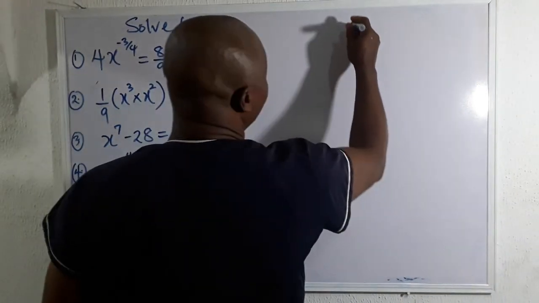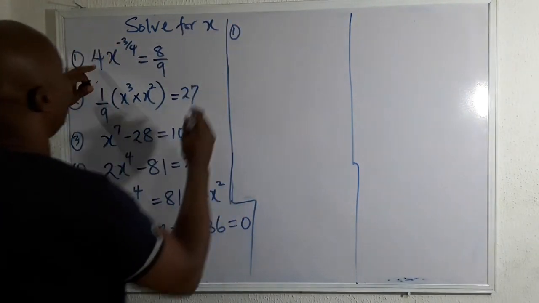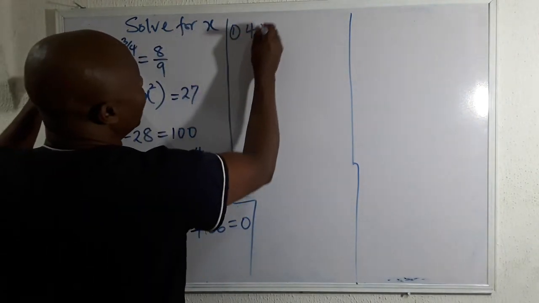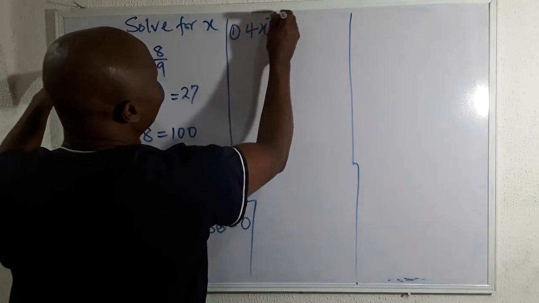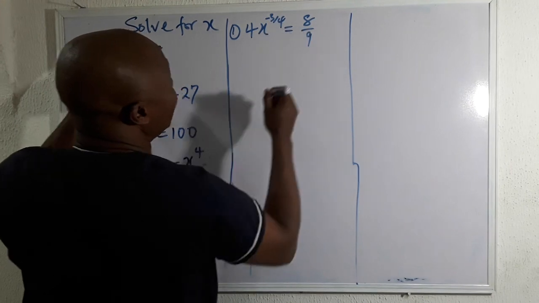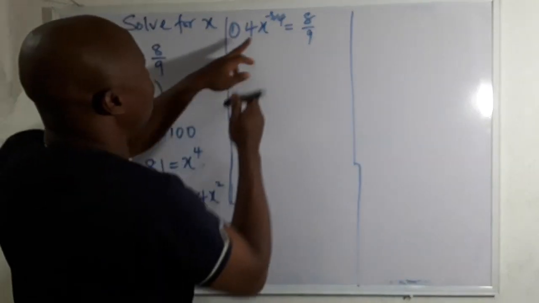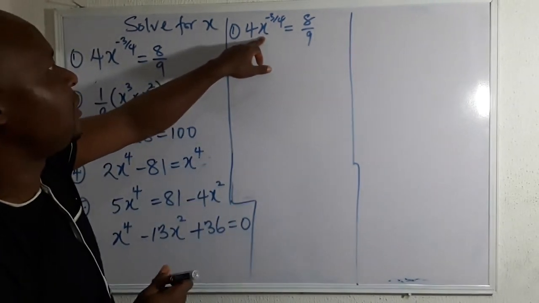Now, the very first question is 4x raised to power minus 3 over 4, and that will be equal to 8 over 9. Now, we are interested in finding the value of x.